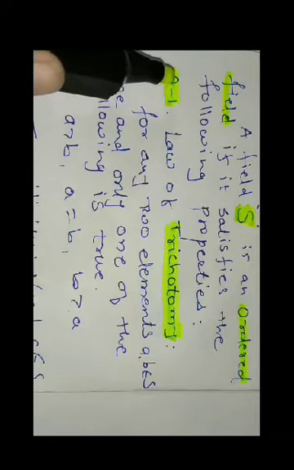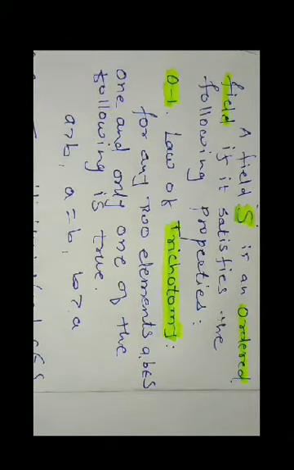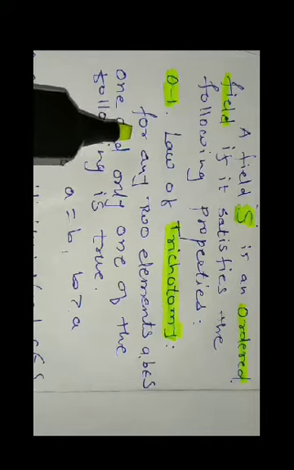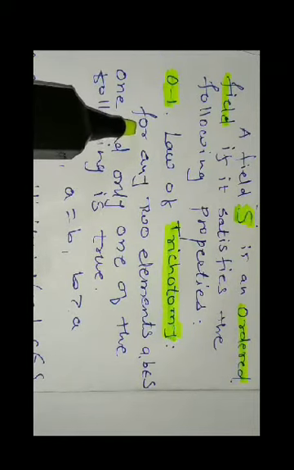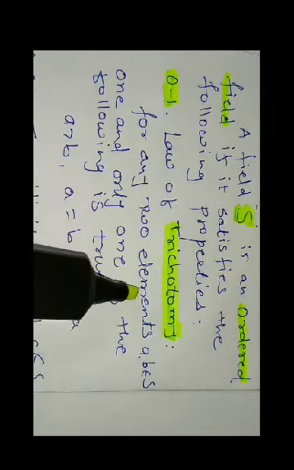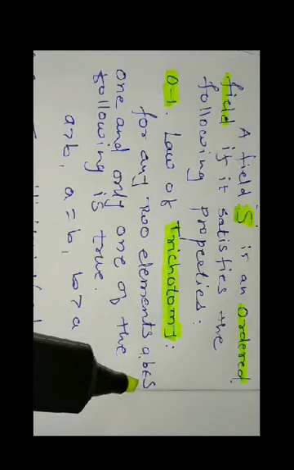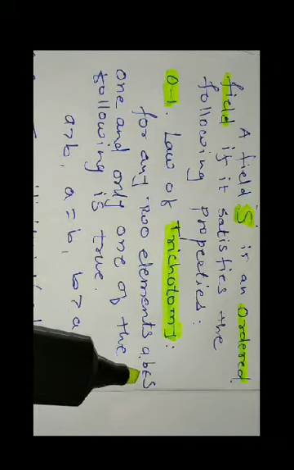It is very trivial. Look at this. For any 2 elements A and B belonging to S, where S is a field, one and only one of the following is true.